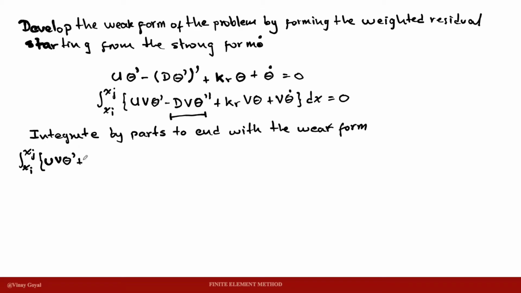The second term changes. What goes inside of the integral is just v prime theta prime. The third term doesn't change, so we still have Kr v theta. And the last term doesn't change either, right?